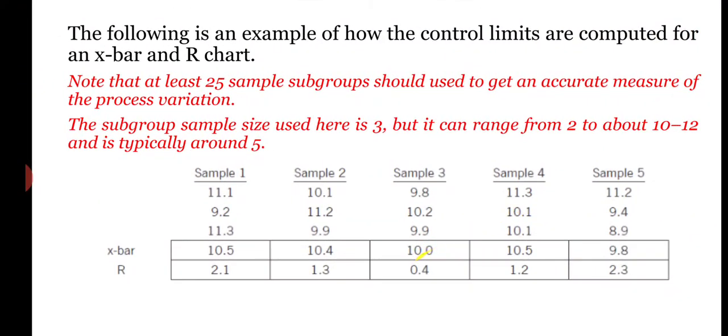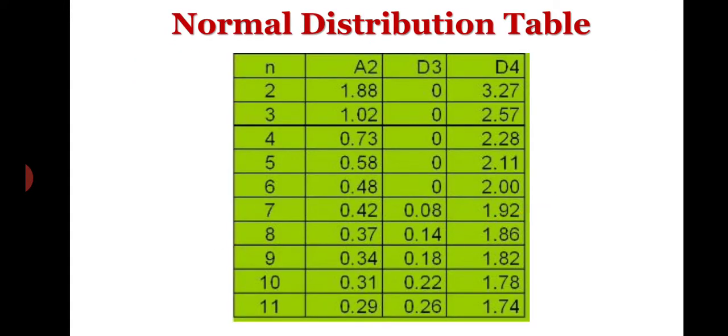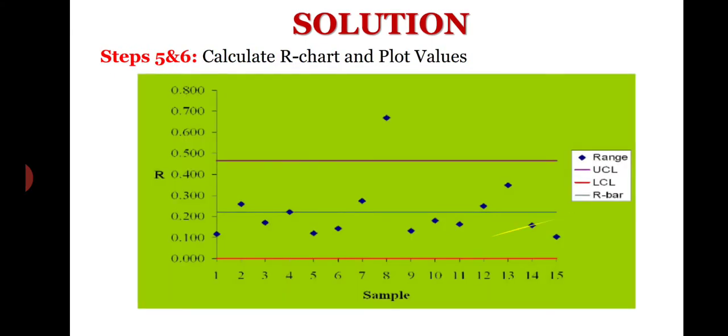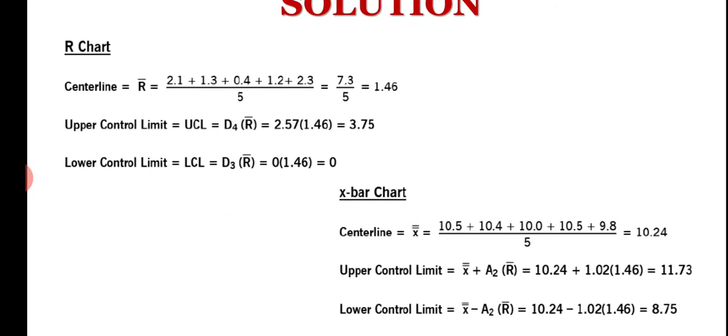For each one I find out the X bar and R. For 3 observations, A2 is 1.02, D3 is 0, and D4 is 2.57. Based on that I calculate my center line, UCL and LCL. At least please keep these calculations in mind.